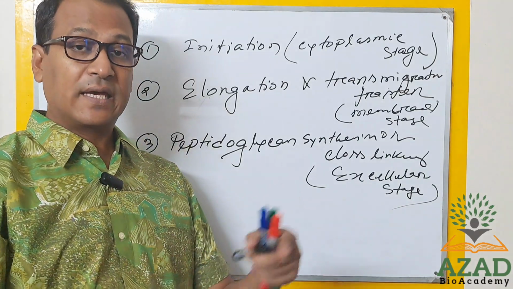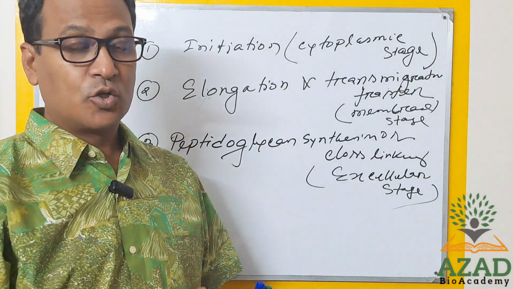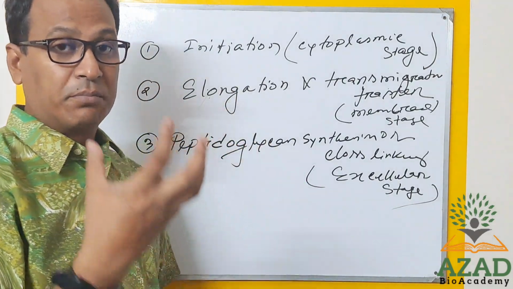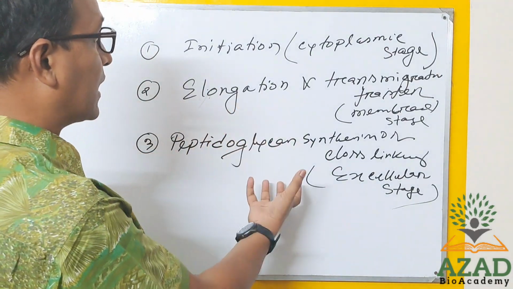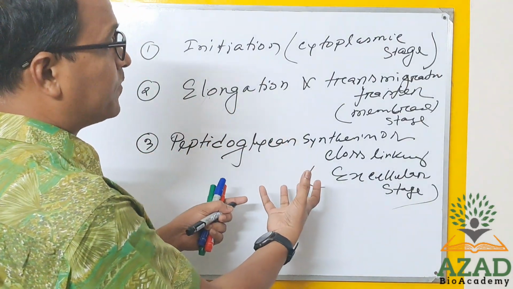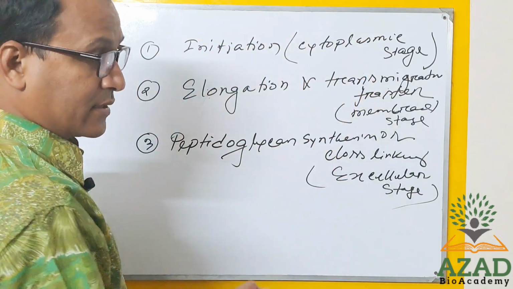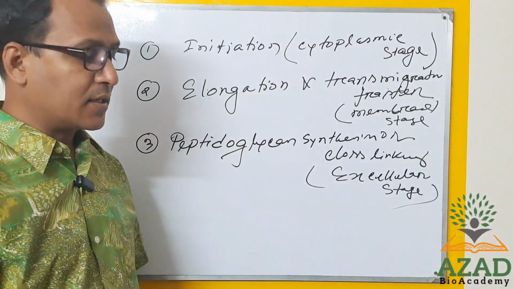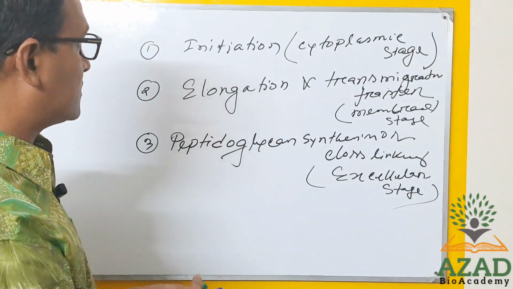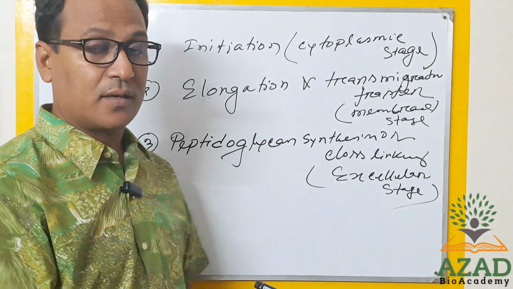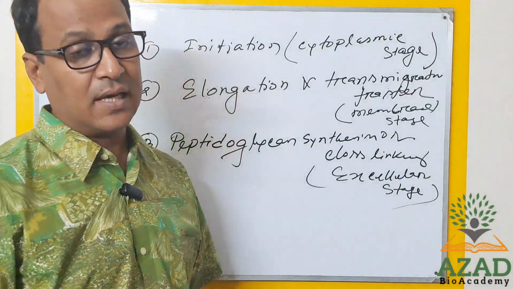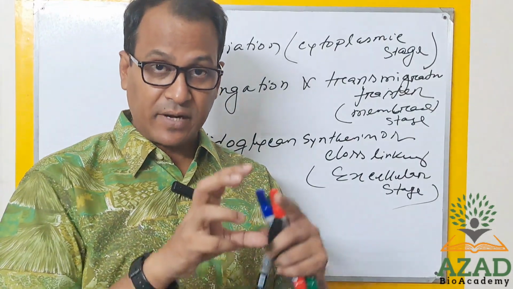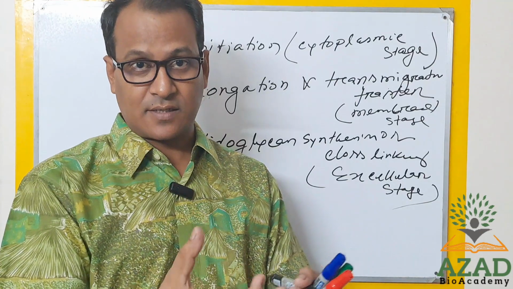What will happen inside the bacterial cell to produce the building blocks of the peptidoglycan, basically of the whole bacterial cell wall. You can think of a wall which is built up of bricks and cement and sand.